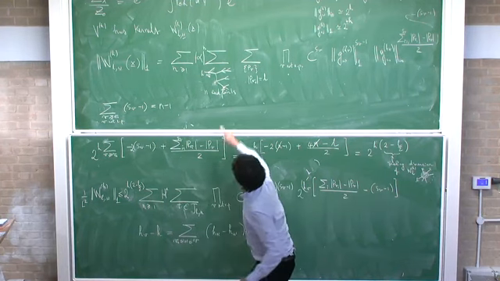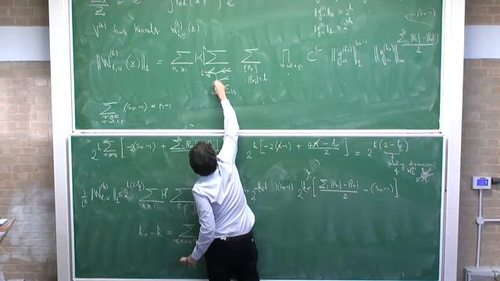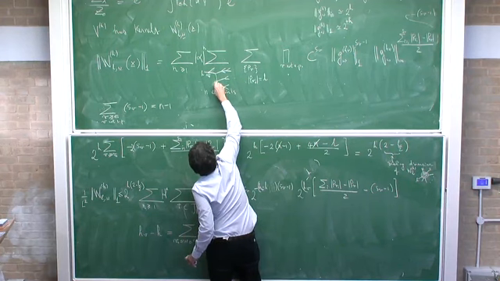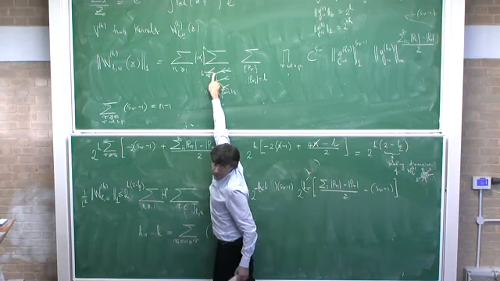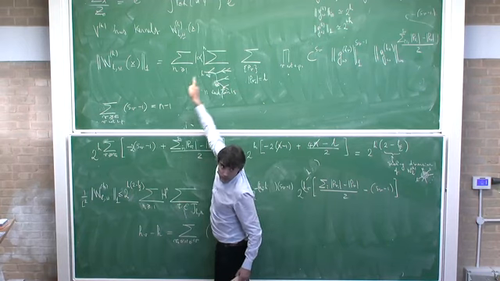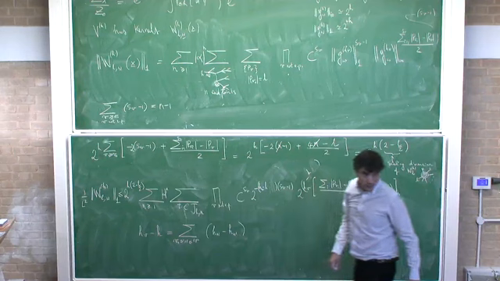This w is something in between, and w prime is the parent vertex in the tree.